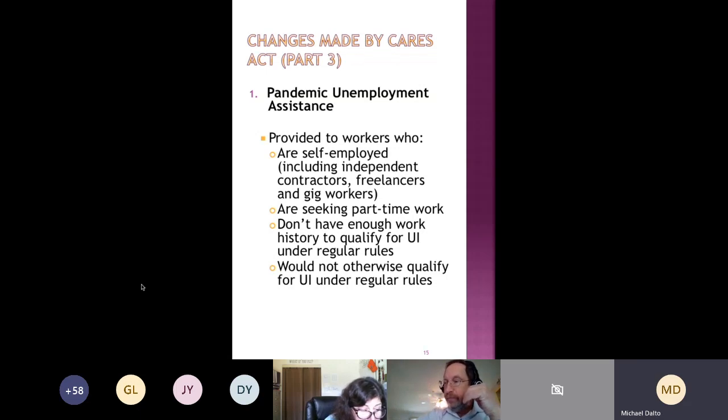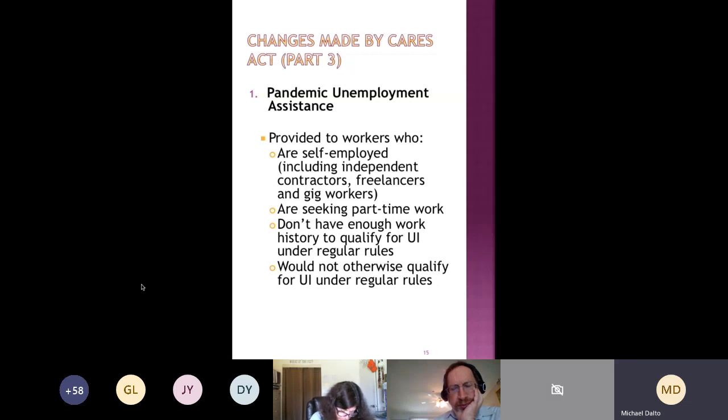most interpreters of the law that I've read have indicated that it should provide benefits to people who were working part-time. So remember, we said that in most states, in 27 states, you have to be working full-time and then become unemployed to qualify for unemployment insurance.